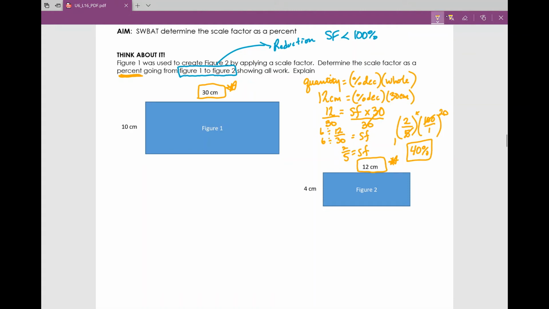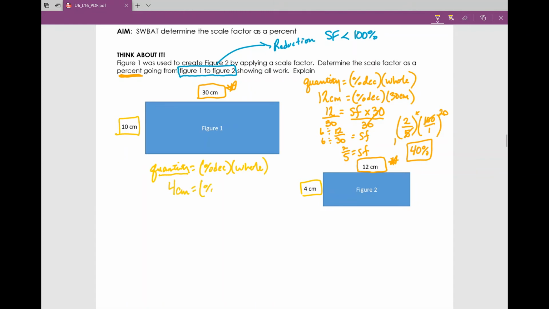Okay, and we all know a scale factor, in order for it to actually be a scale factor, to be proportional, it has to apply to all the corresponding sides. So now let's check it with the width. Again, we're going to use our quantity equals our percent as a decimal times our whole. And our new value, or our quantity, is 4 centimeters.